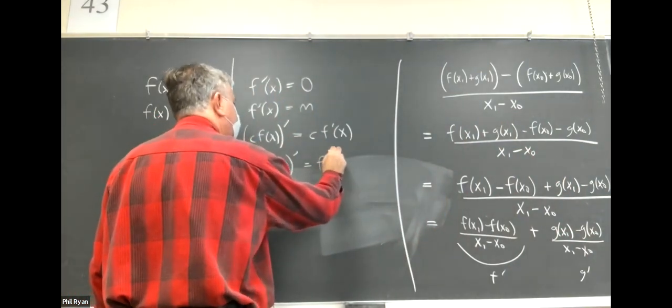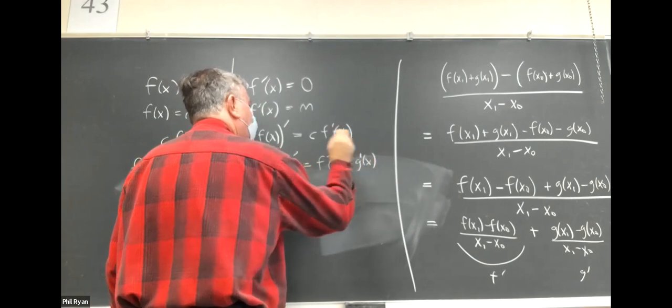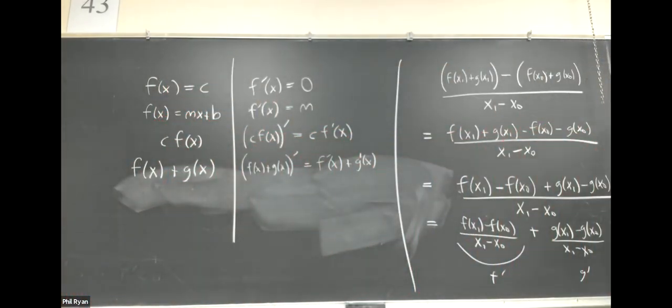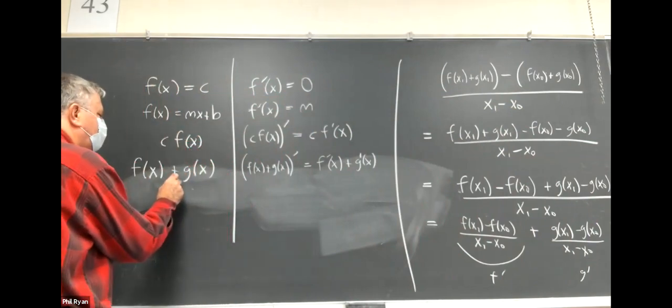So that's a really simple rule, right? The derivative of a sum is the sum of the derivatives. It's even like a little poem. Now, this would have been the same if I had put a minus sign here.